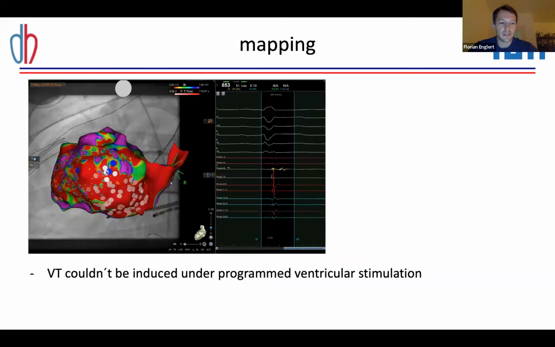Yeah, so the 0.5 to 1.5 millivolt is our standard. We played around a little bit during the procedure, but we were not able to differentiate the low voltage areas enough.